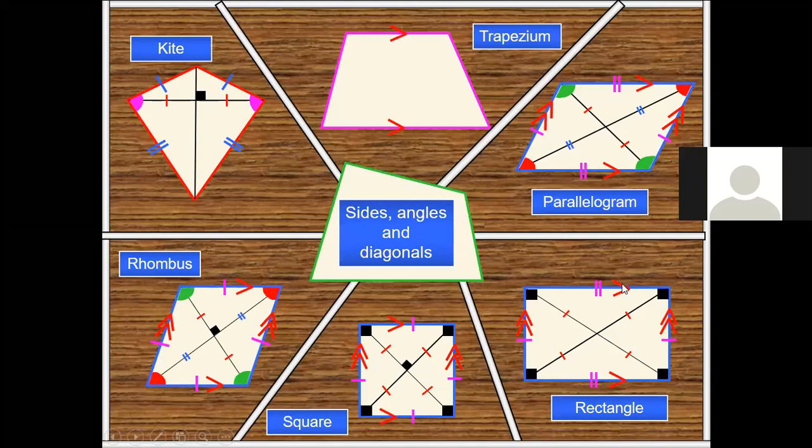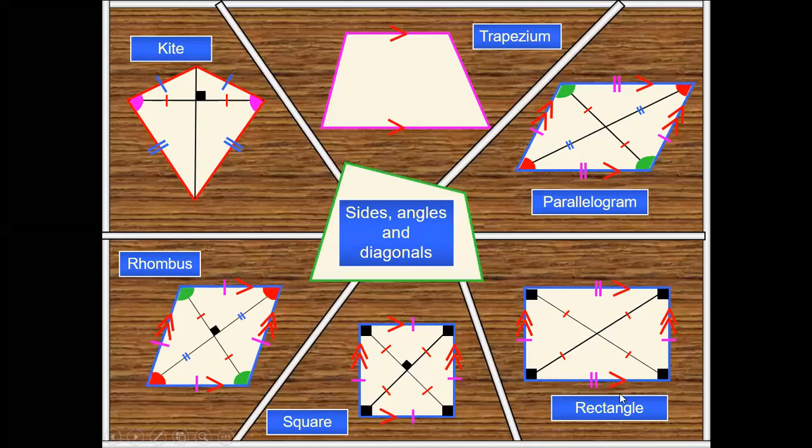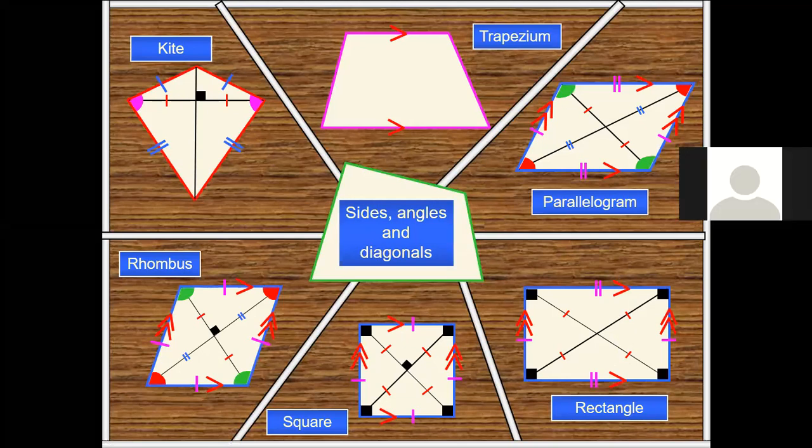Yes, they are parallel, and at the same time, dahil tig-isa sila ng arrow, they are also... Aside from being parallel, ano pa? Ang ibig sabihin ng tig-isang arrow na yan? Yes, correct. They are parallel, but they are also... How about Azen? Congruent po. Correct. They are also congruent. Very good. Okay.